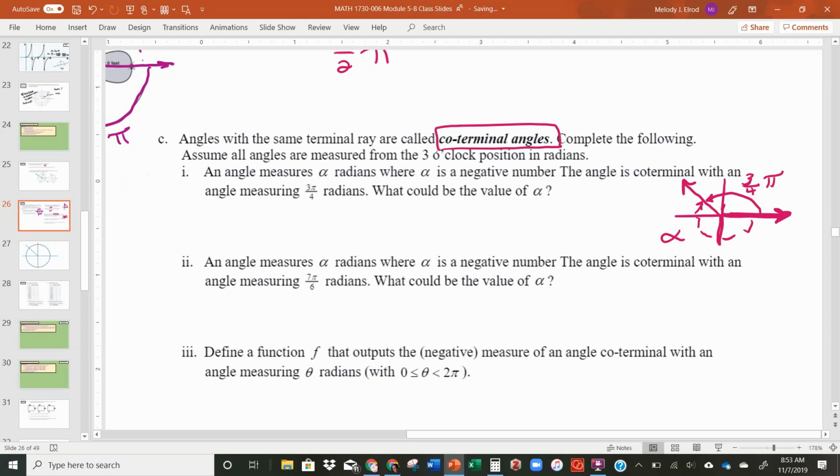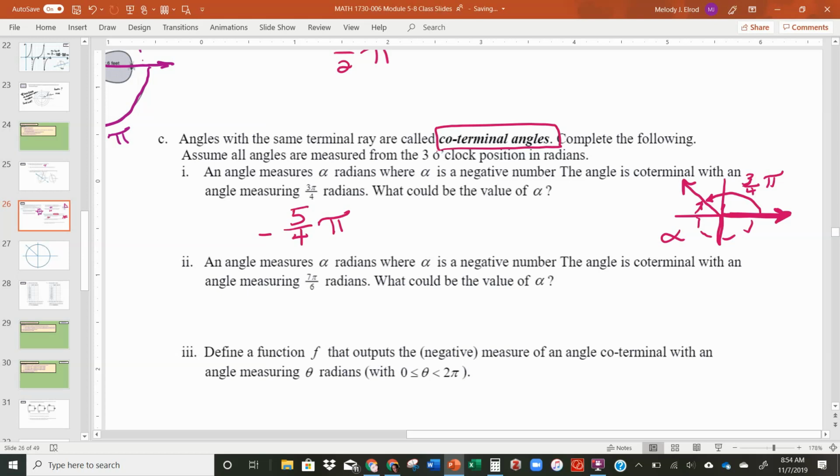To get from this 3/4 pi to alpha, take a moment, pause, and think about what you might need to do that. It's clearly more than half a rotation, so it's pi and a bit more. Specifically, it's pi and another 1/4 pi more. So this is going to be 5/4 pi, but it's going to be negative because we're headed in the clockwise direction.